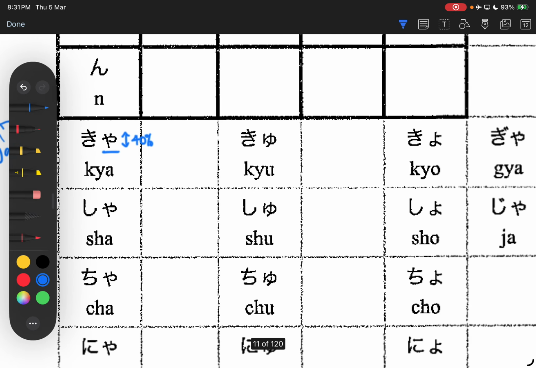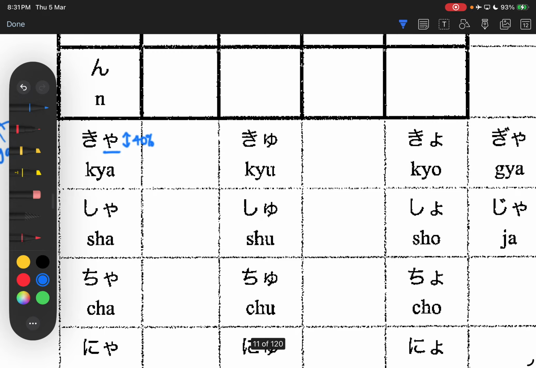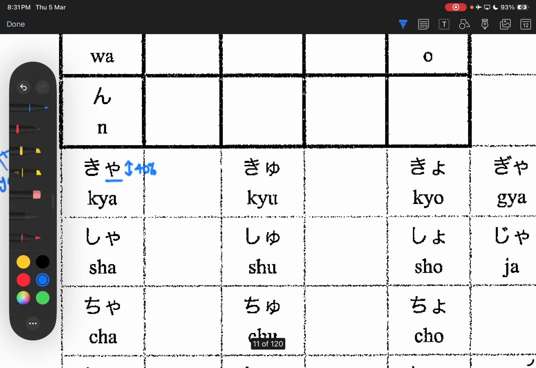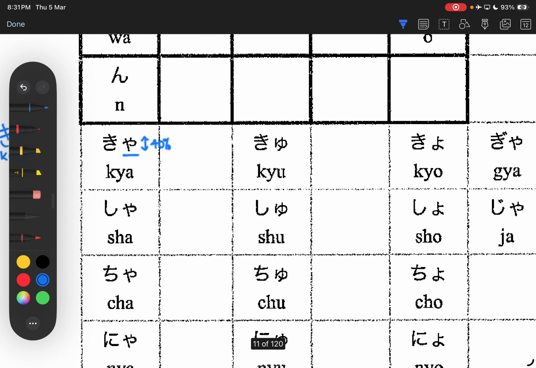Next we have KYU, kyu. Next we have KYO, kyo. Next we have the SHA, sha. SHU, shu. Sho.